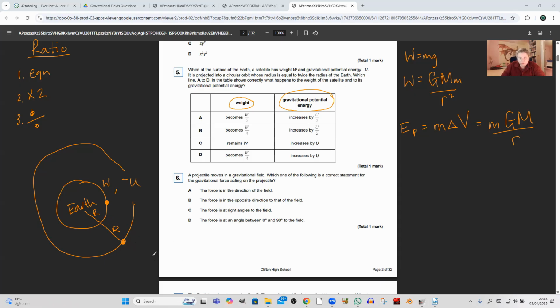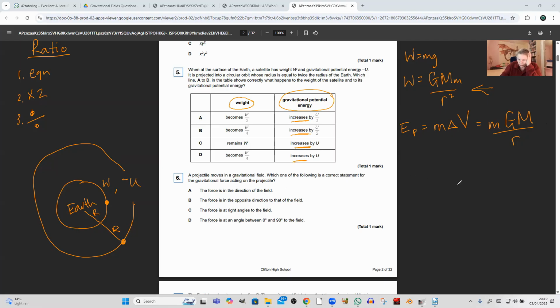Right, can you see that we've got r, the radius, and we want the weight form? And so I think that we need to use this equation for the weight, and we need to use the change in potential. Can you see, we're getting the change. It's the change in potential energy.